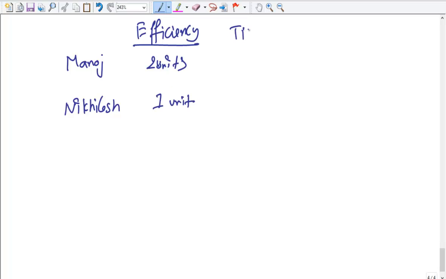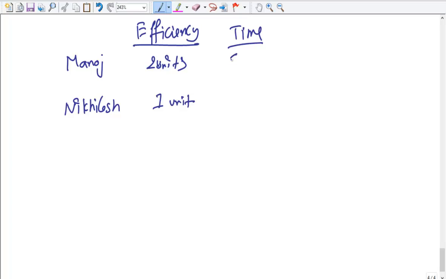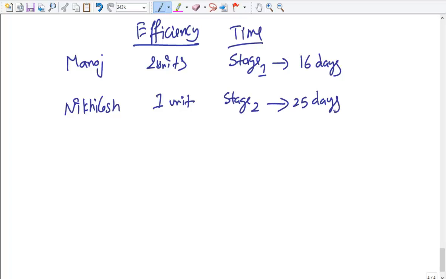Now time to finish. Now look at this one. Stage 1 is taking 16 days. I'm assuming that 16:25 is in days, and to finish stage 2 is taking 25 days, and both of them complete 100%.